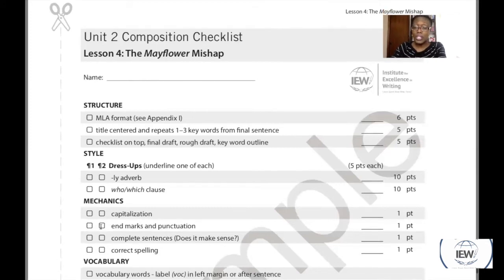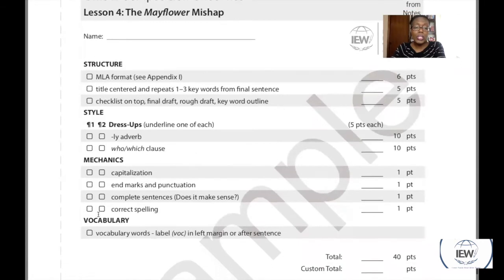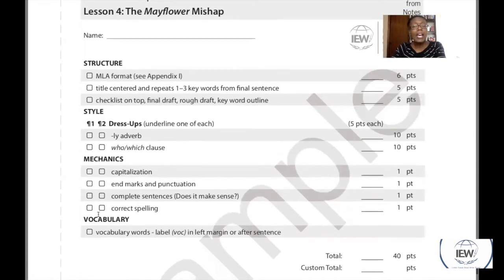The third section of the rubric, or the checklist, which is very important, is the mechanics section. It reminds the student to check the mechanics of their paper. So they are reminded to ensure that everything in terms of capitalization is correct in their paper. Are end marks and punctuation correct in their paper? Do they have all complete sentences?